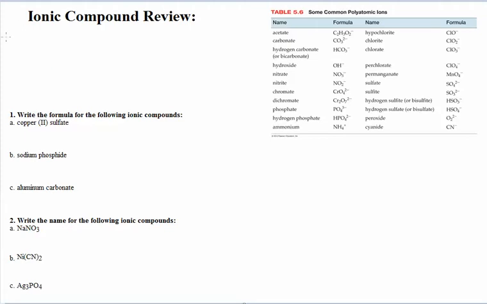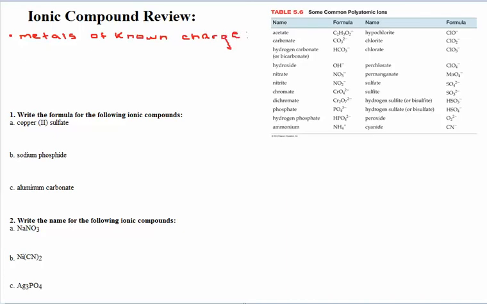So, for the purposes of this class, there are two different types of ionic compounds that we can deal with. The first one are ionic compounds that have metals of known charge. All right, so which metals does this include?